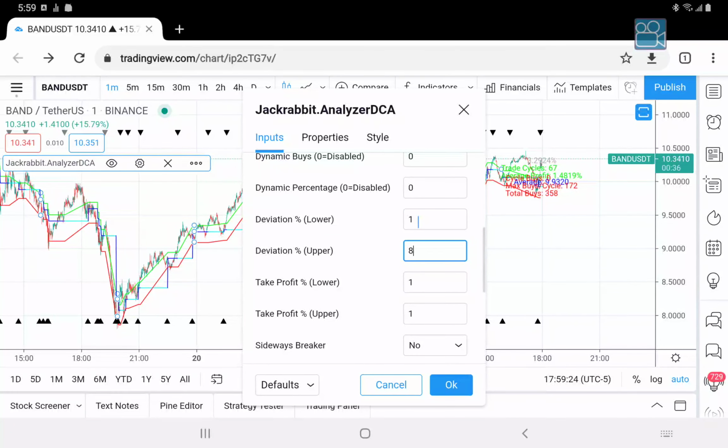So this shows at the beginning when your purchases per cycle are low, it uses a 1% or an aggressive deviation. As your purchases per cycle increase, so does the deviation up to 8%.